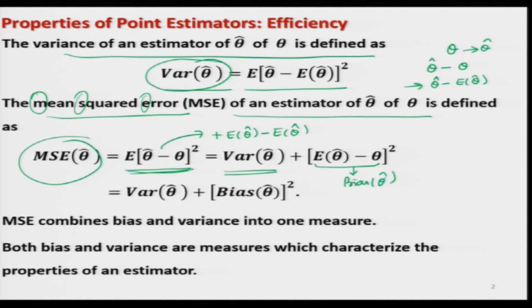So, the MSE of theta hat can be expressed as the sum of variance of theta hat plus square of the bias of theta hat. So, this MSE combines bias and variance into one measure, right.